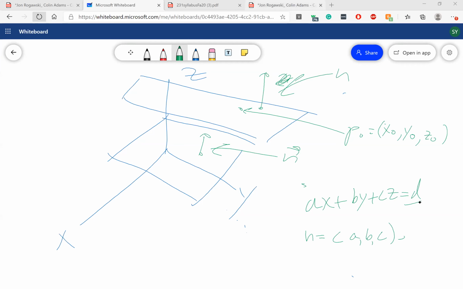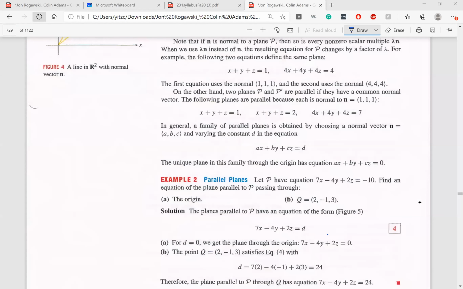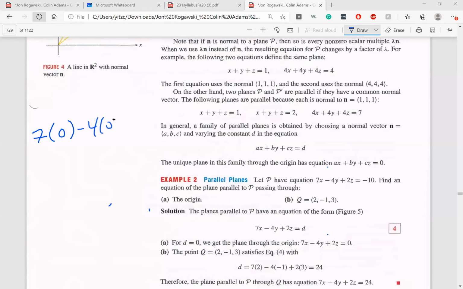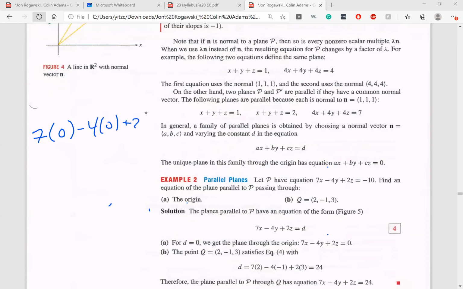They're asking us to find the following. Let P have the equation 7x minus 4y plus 2z is equal to -10. Find an equation of the plane parallel to P passing either through the origin or through the point Q. So let's try the origin. If you want the origin, you have to look at 7 times 0 minus 4 times 0 plus 2 times 0.